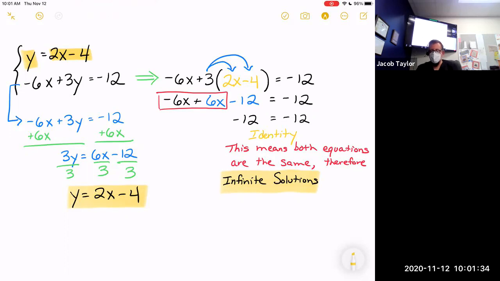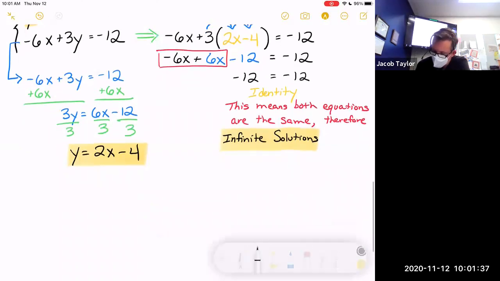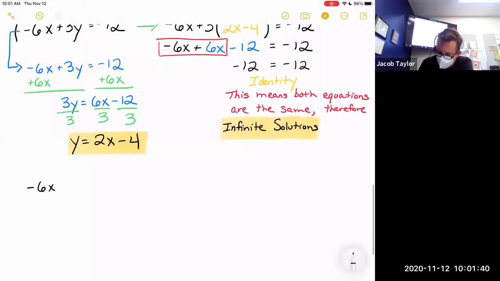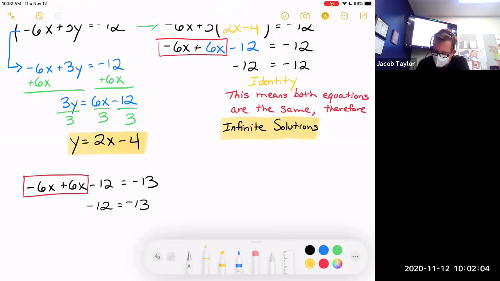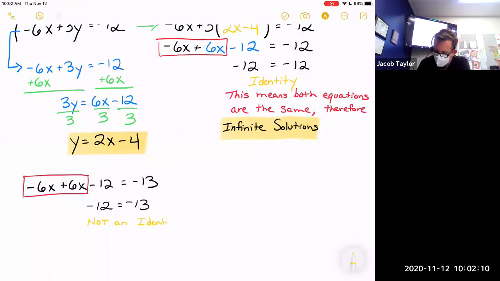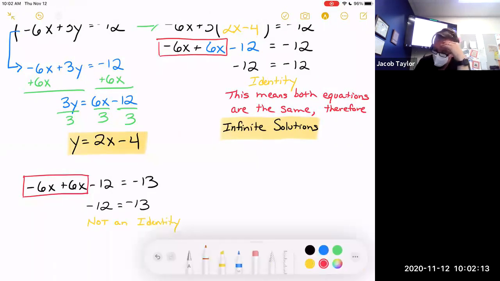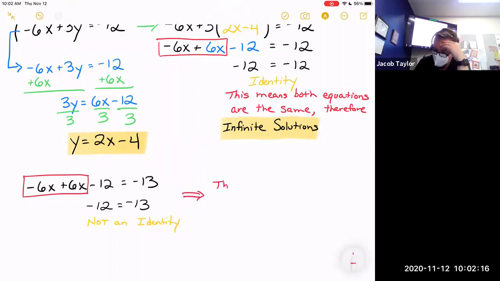If it had no solutions, everything about this problem would be exactly the same, except the last step would be something like negative 6x plus 6x minus 12 equals minus 13. Now, when I combine these like terms, the x's, I end up with negative 12 equals negative 13, which is not an identity. That's what it looks like when the lines are parallel.